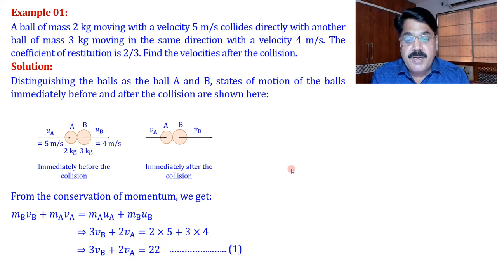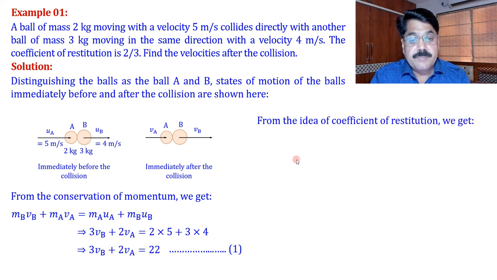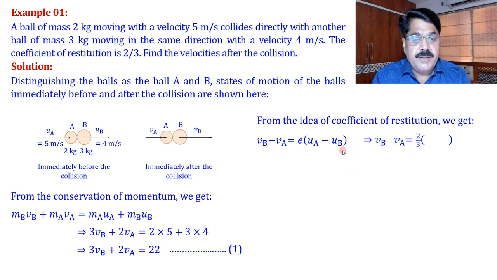Now we write the second equation from the idea of the coefficient of restitution. From it, we get VB minus VA is equal to E times UA minus UB. Now we substitute the values. VB minus VA is equal to 2 by 3 into 5 minus 4.